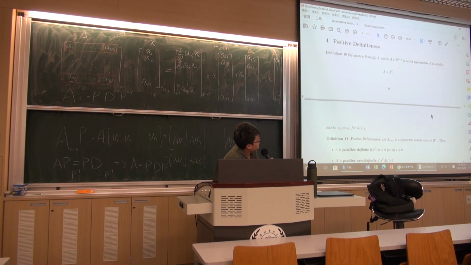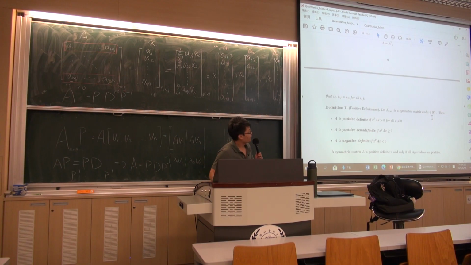A square matrix is called symmetric if once you transpose it, it's still the same. That is the definition. And what is positive definiteness?